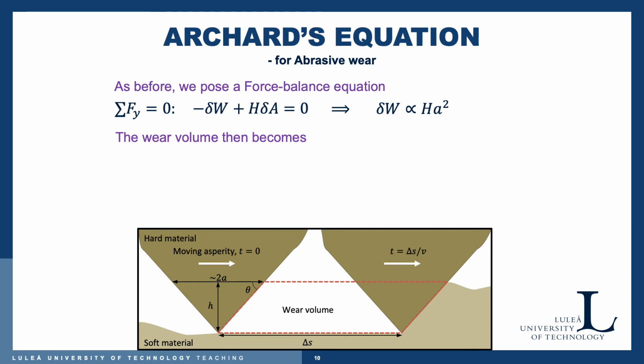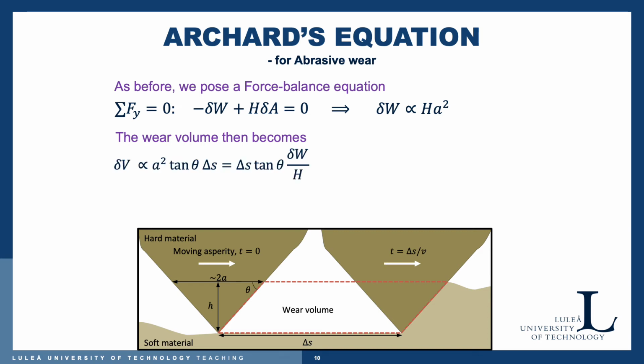Now, as in the case of adhesion, we again have a force balance equation, Newton's first law: minus delta V plus H times delta A equals 0. So again, we have a proportionality between asperity load and asperity area, which is the asperity width at height h squared, as we see here.